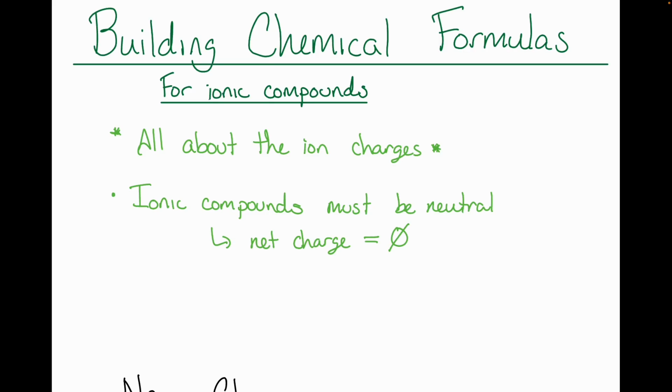All right, the other thing we're going to note about these formulas is we always list that cation first, then our anion. All right, you can't switch it up. It would be incorrect.